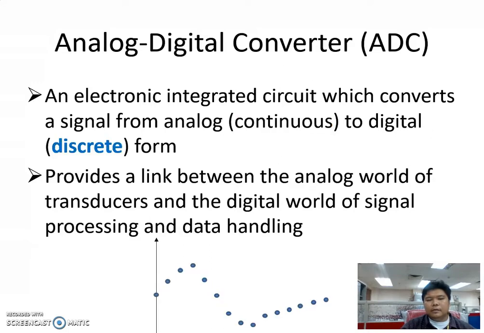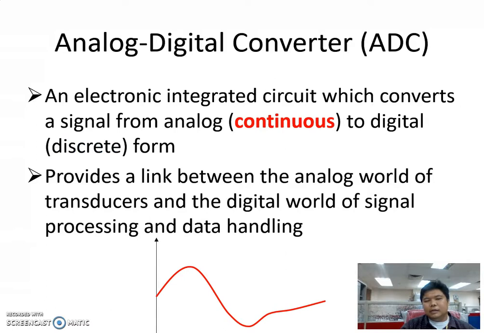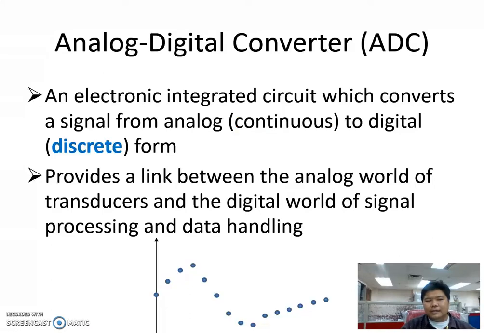Even though the signals have the same amplitude and the same wavelength, one is a continuous signal, meaning the signal is changing due to time, and the other is a discrete signal. It is also changing due to time, but now we are able to pinpoint the location of the signal at each time. That's the difference between continuous and discrete.